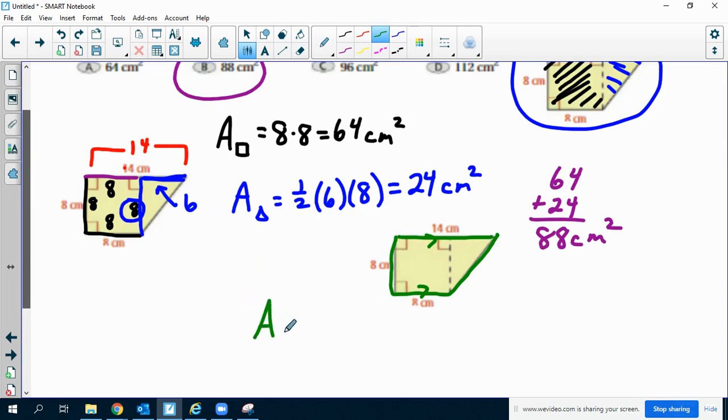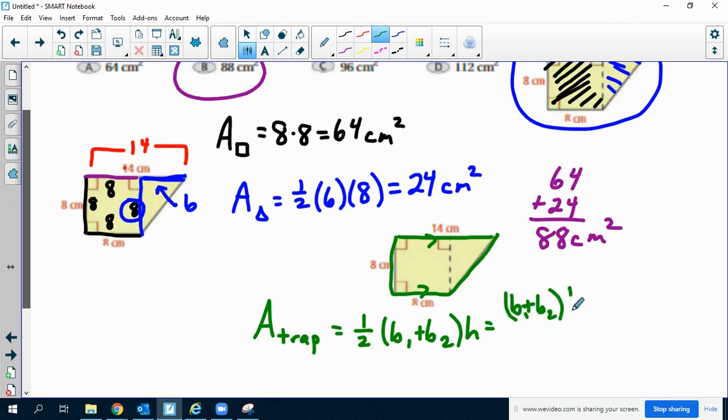The area formula for a trapezoid, which we will find out next week in a video, is 1/2 times the sum of the bases times the height. You may also see it written as add the bases together times the height divided by 2.